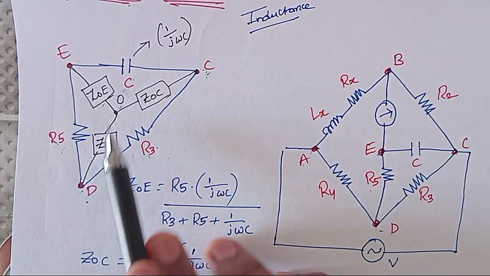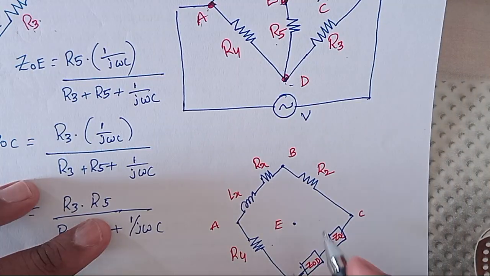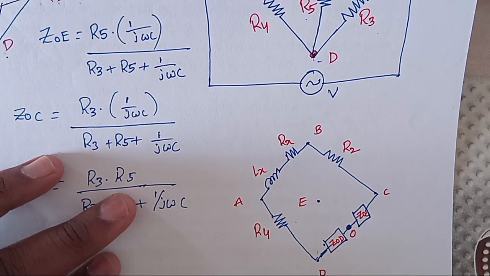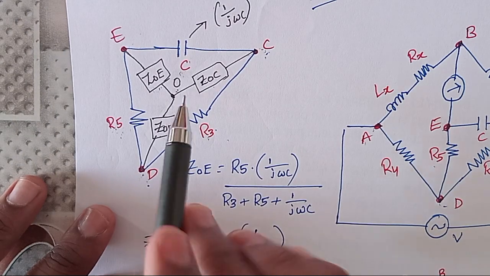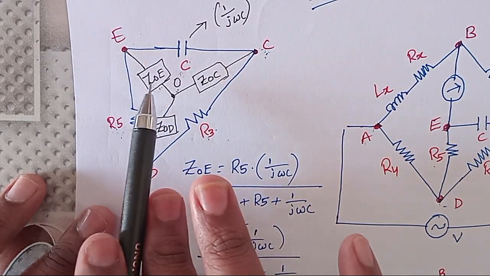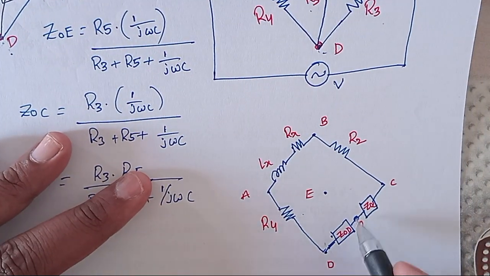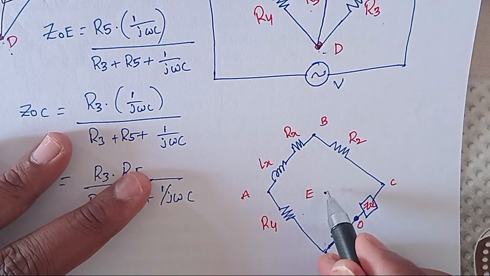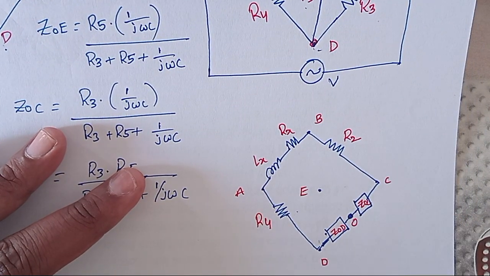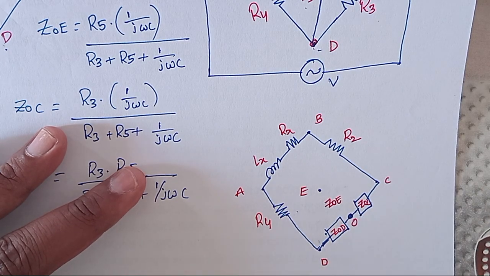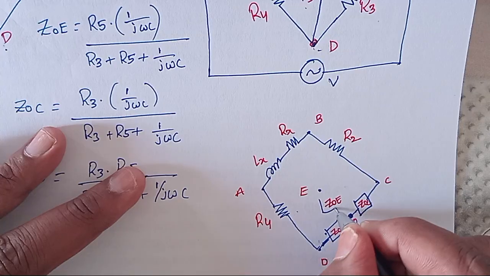In between these two we have O. And between O and E we have ZOE.